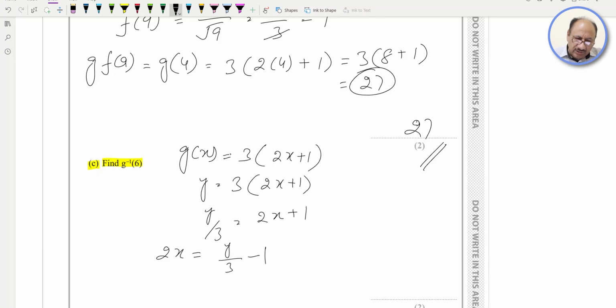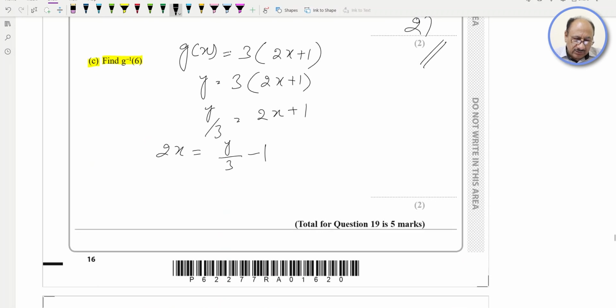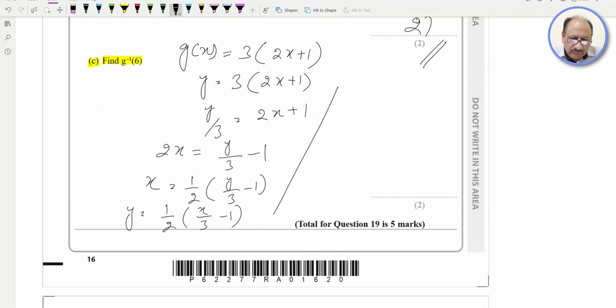Now we can shift 2 also to the other side, so x will be equal to 1 by 2 into y by 3 minus 1, and we can swap x and y, so this will be y is equal to 1 by 2 into x by 3 minus 1, and this means g inverse of x. G inverse of x is equal to 1 by 2 into x by 3 minus 1.